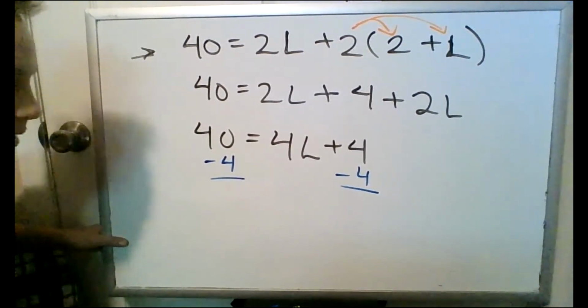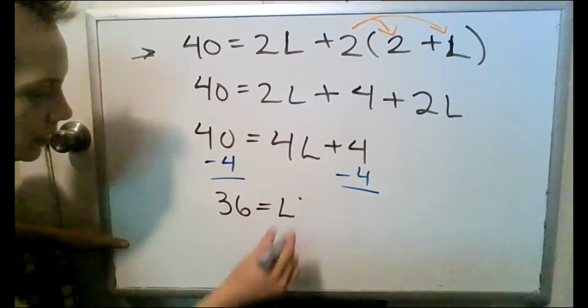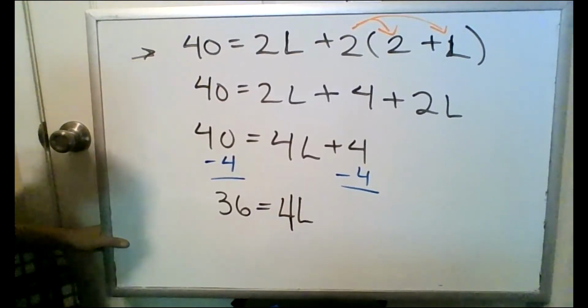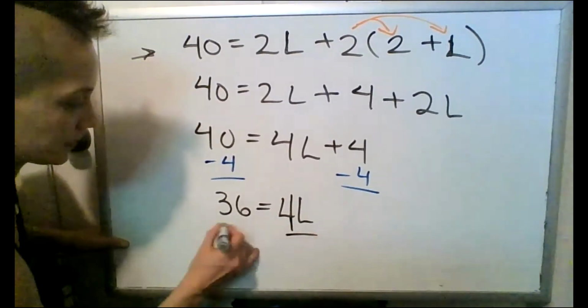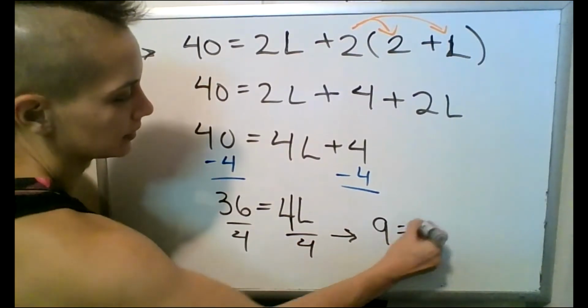And 36 is equal to 4L. Like this. And divide both sides by 4. So 9 is equal to L.